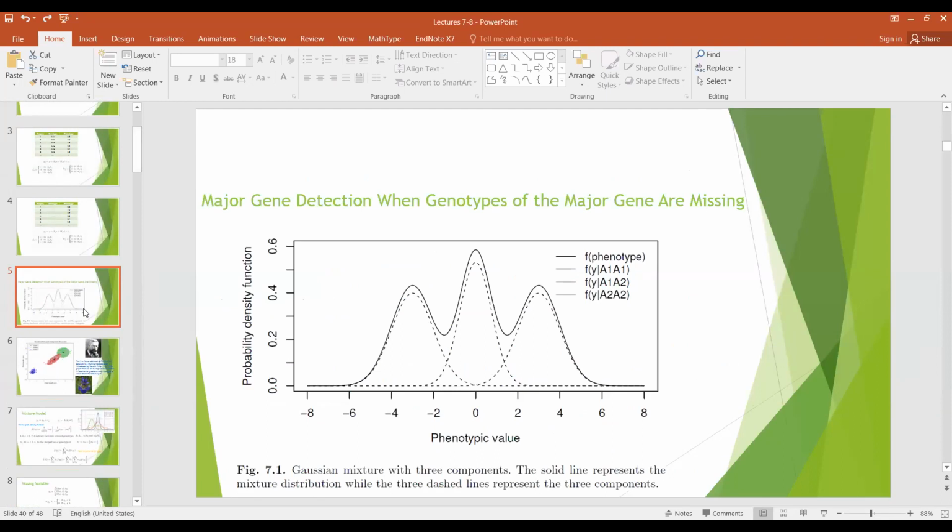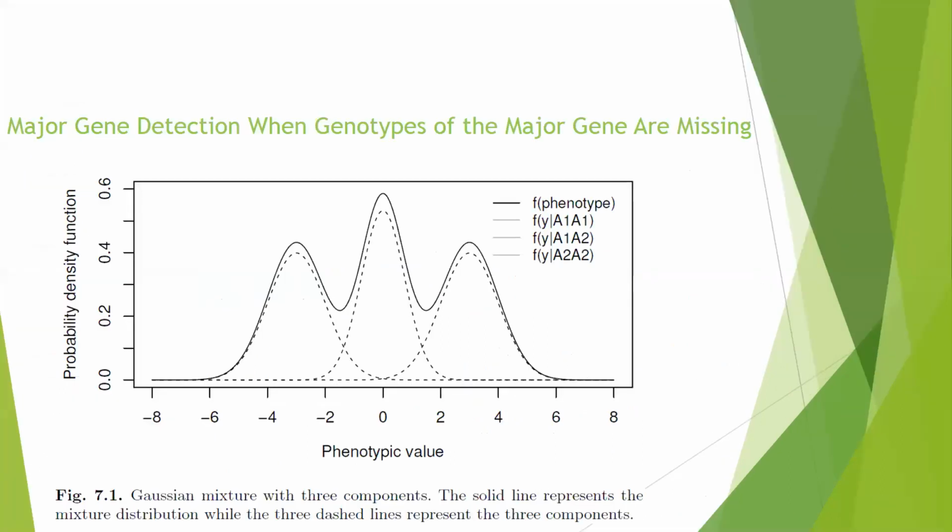Okay, so last time we very briefly introduced the mixture model. This is a typical mixture model problem. Suppose this is an F2 population, and this locus A has three possible genotypes here, and this locus is exactly following the Mendelian segregation.